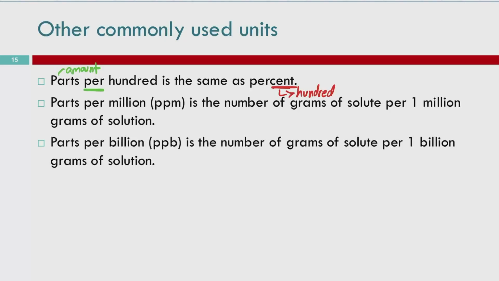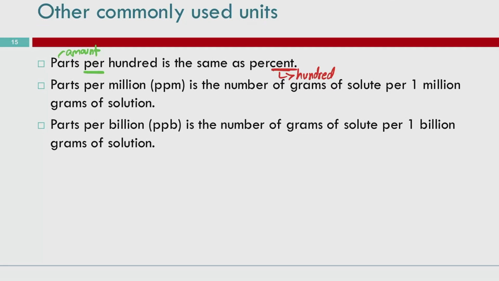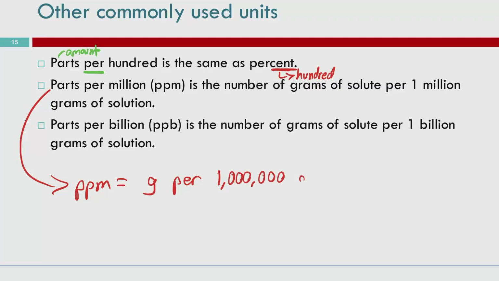Those will also be contaminant numbers, like a certain amount of particulate matter in our air quality that might also be represented in parts per million, parts per billion. So parts per million, grams per 1 million grams of solution, for example.